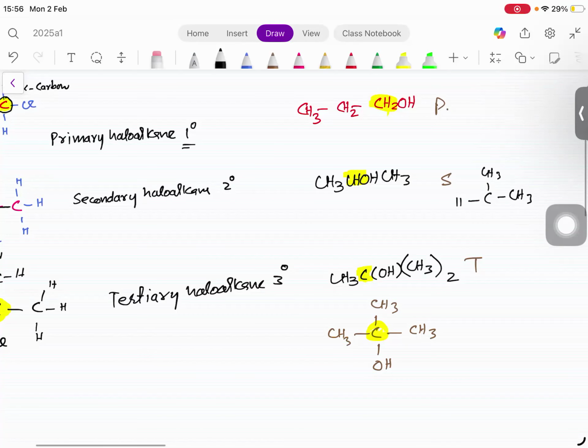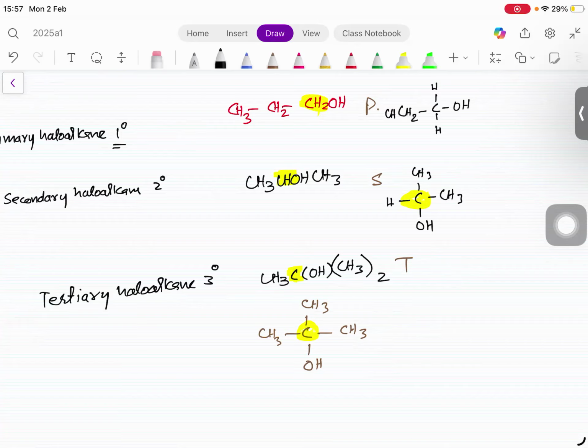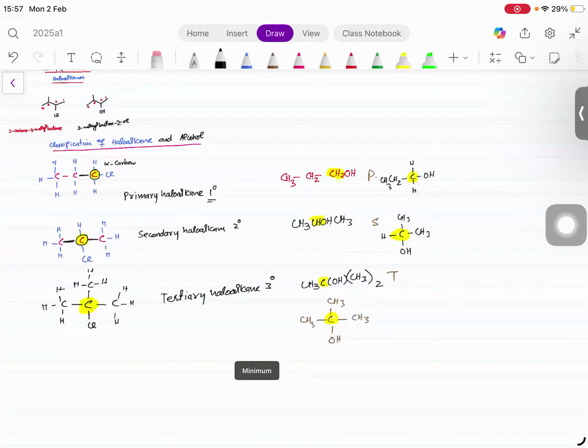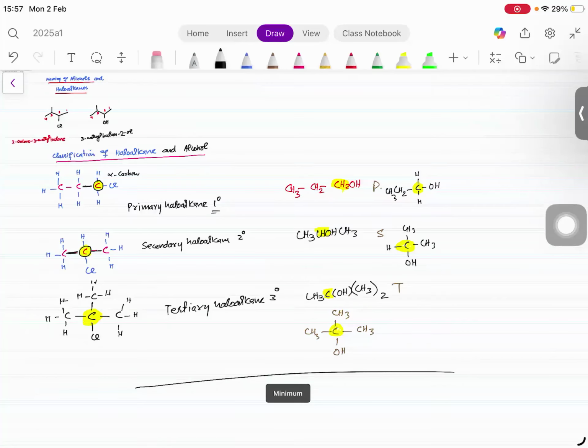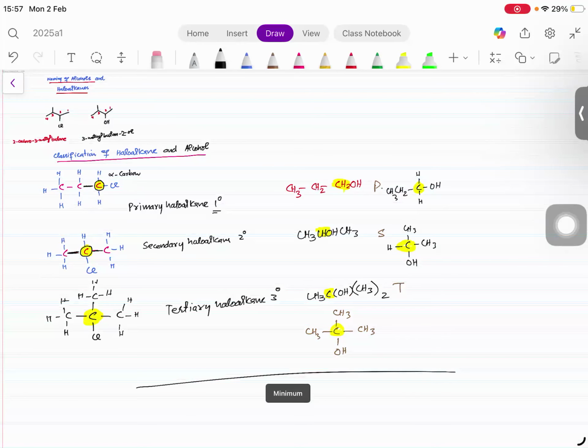And when there is 1 carbon attached, it's a primary alcohol. Okay, that's all about the alcohols and haloalkanes.